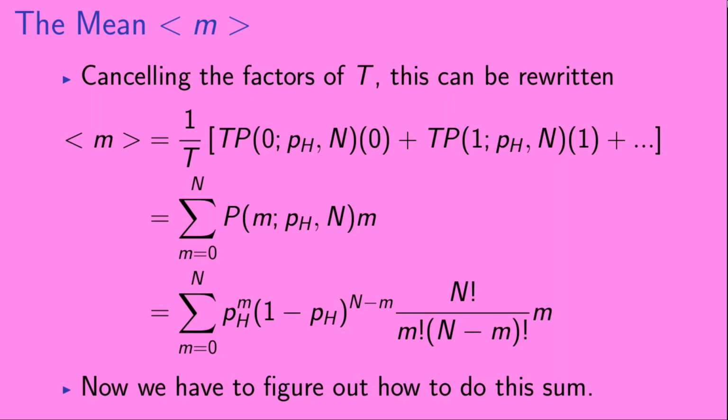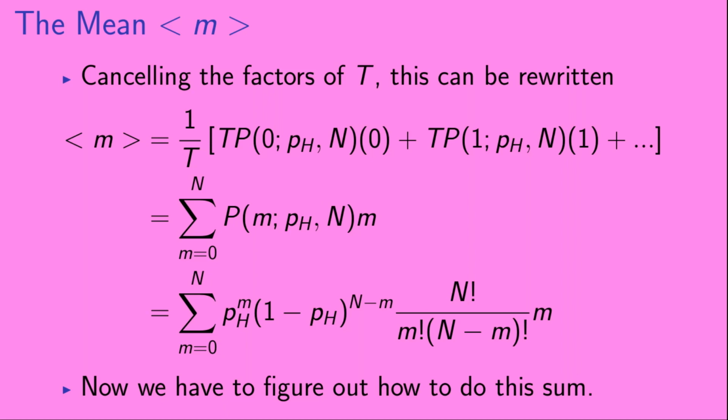Okay, so canceling the factors of t, we can rewrite our previous expression for the mean of m as the sum over m from m equals 0 to n of p of m given ph and n times m.